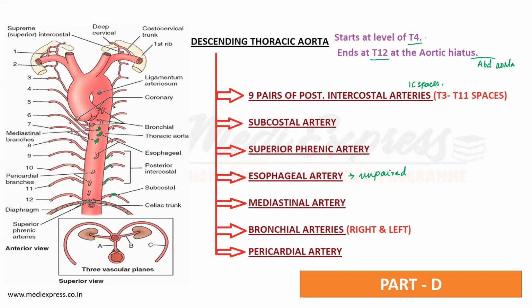And now what does it supply? It supplies the lymph glands and loose areolar tissue in the posterior part of the mediastinum. Next we have the bronchial artery, which has a right and a left branch. Remember, this is a paired one.